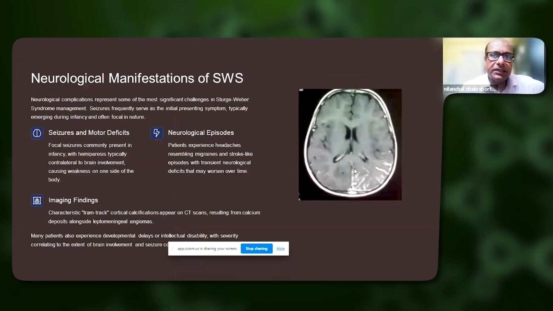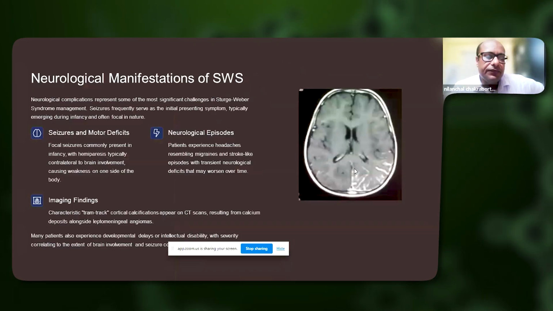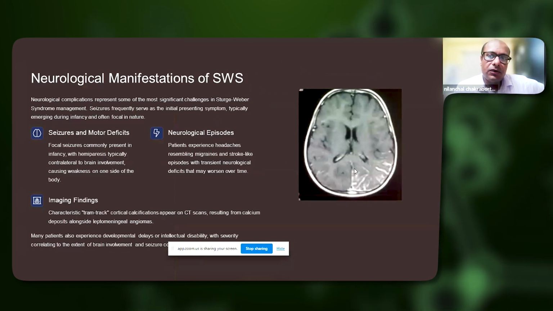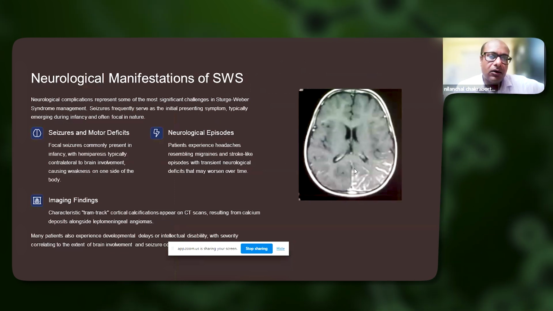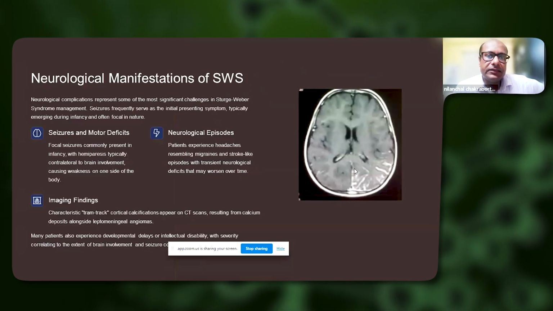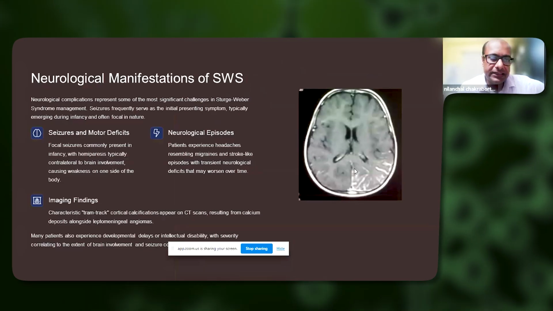There are three main features. In imaging, the hallmark on CT scan is the tram-track cortical calcification sign. Neurologically, the patient may present with a stroke or seizure.